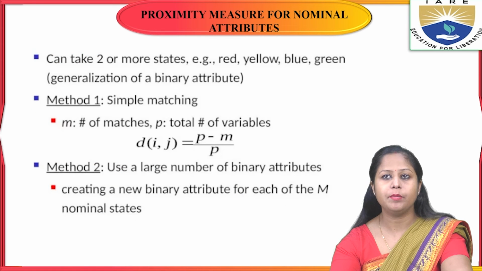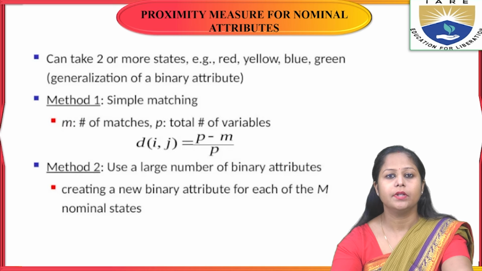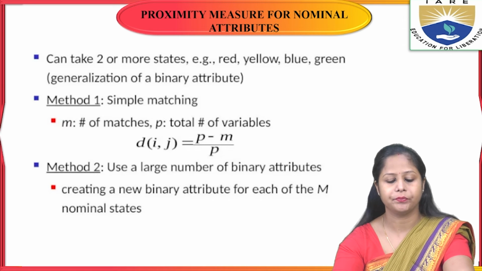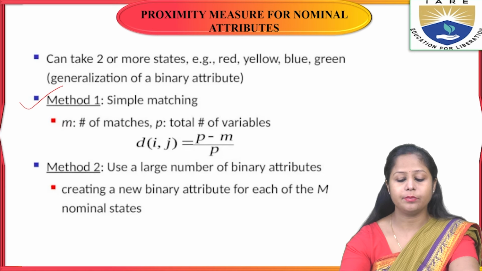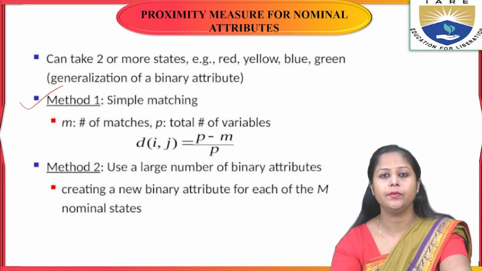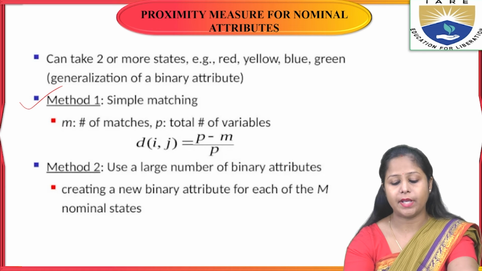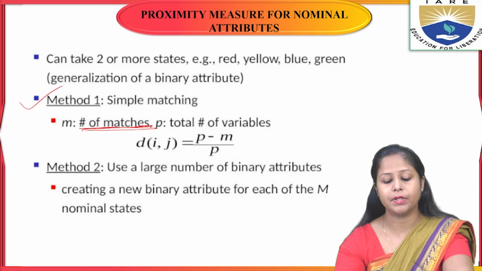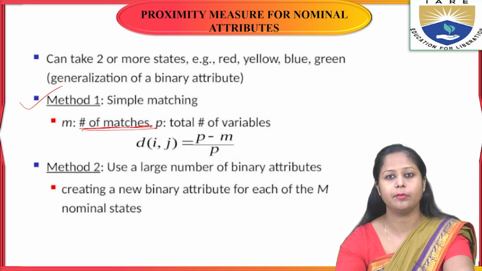So the proximity measures for the nominal attributes that can take 2 or more states, that is, if we are having red, yellow, blue, green, so that will have the binary attribute. So in the first method, we will have the simple matching. M is the number of matches, P is the total number of variables.